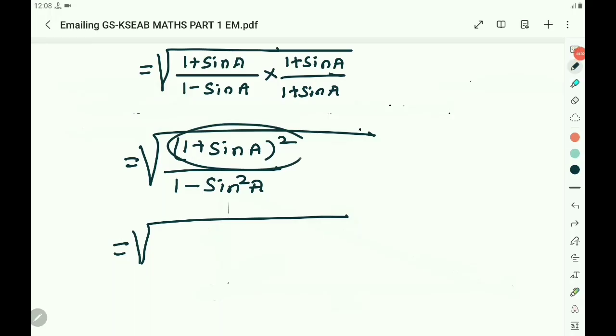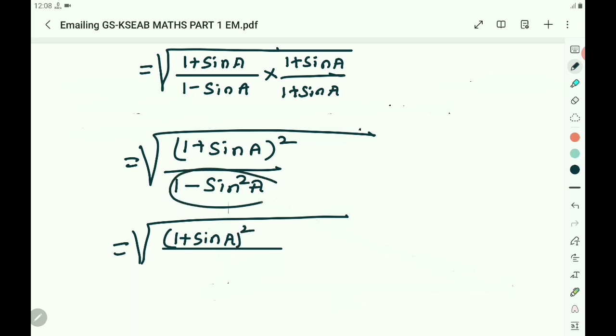Write 1 plus sin A whole square as it is. And 1 minus sin square A is cos square A.